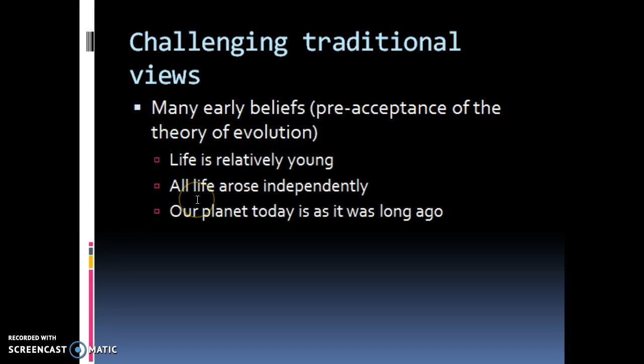Another thing would be that all life arose independently. And here's a counter argument against that one. Arising independently means that humans were on our planet as long as life has been on our planet. So life was on our planet 100, 200 million years ago, longer than that actually, and humans are around at that very time. In other words, life arising independently would suggest that we were on the planet at the exact same time as the dinosaurs were.